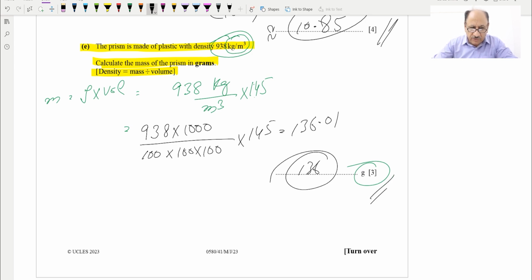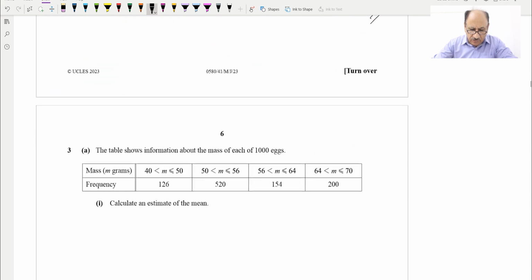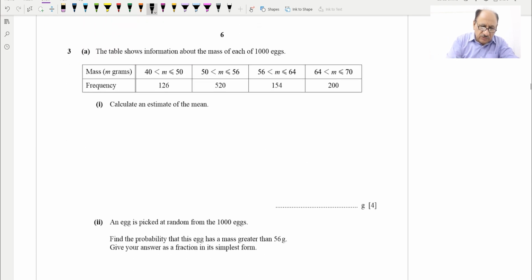Hopefully you understand this. Now here comes question number 3, and question number 3 says the table shows the information about the mass of each of 1000 eggs, and this is the mass in grams, and this is frequency. Calculate the estimated mean. For the mean, we require the mid range. For 40 and 50, the middle will be 45, and for 50 and 56, the middle will be 53.